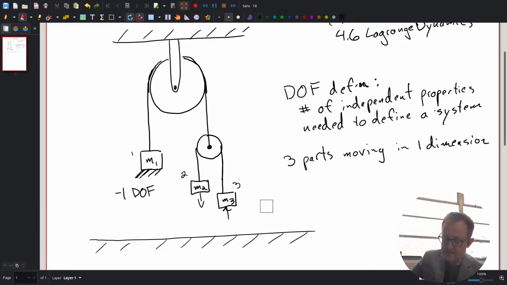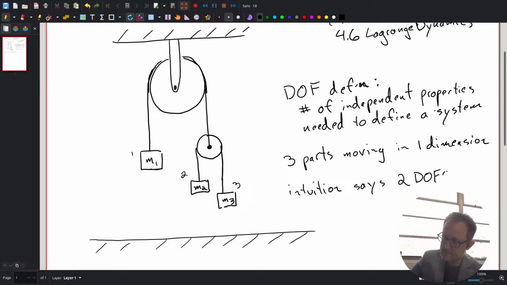And this is kind of using an intuition approach. So intuition says 2 degrees of freedom. If I have 2 degrees of freedom, then I only need 2 things to describe where this thing is.